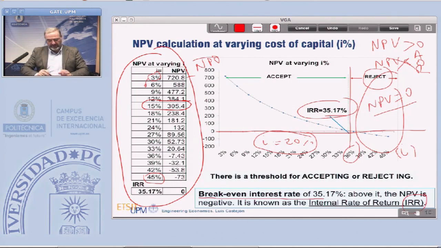As the project we are evaluating has an internal rate of return of 35%, any other alternative investment with a rate of return lower than this one, we will not accept. We will always prefer to invest in this project at 35%. So we will ignore projects if we have alternatives with a lower interest rate than 35. That is the meaning of internal rate of return. Any question?